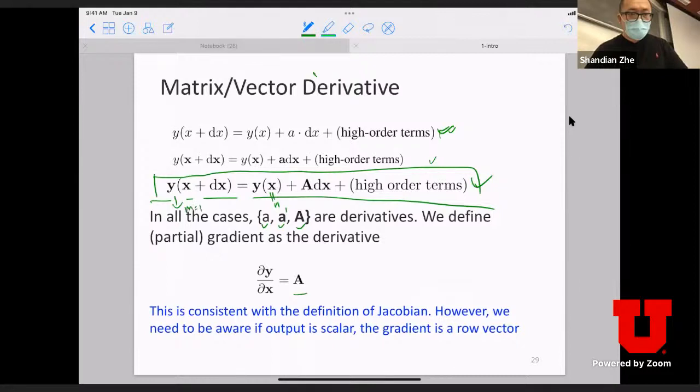Then your A matrix, which is always m by n, in this case will be 1 by n. That's why this vector is a row vector. And in general, it's just m by n. Here is just the notion of gradient, but there is another notion of gradient.